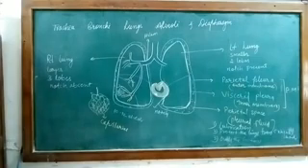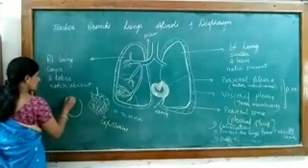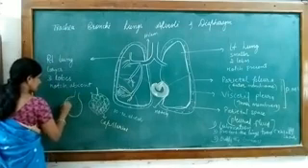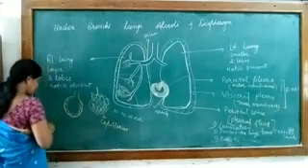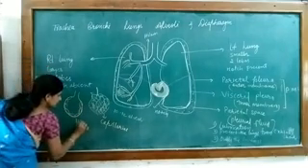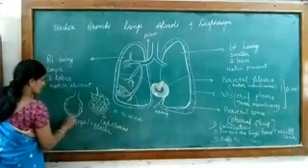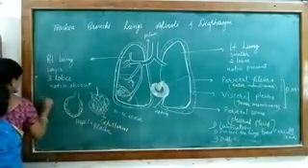These have highly elastic walls made up of simple squamous epithelium cells. Take a single alveolus: the wall of this alveolus is very elastic in nature, and it is made up of simple squamous epithelium.